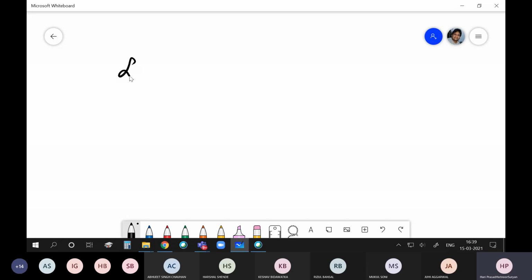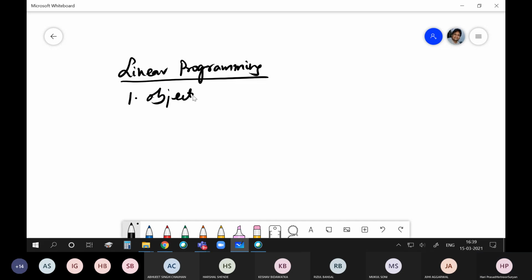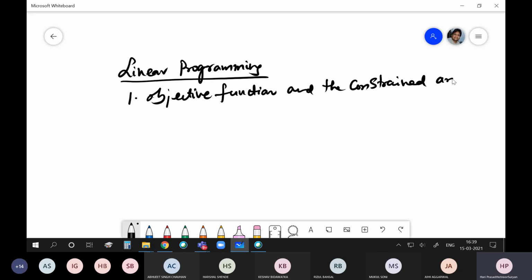Linear programming is a very powerful technique for solving optimization problems where the objective function and the constraints are linear functions of the decision variables.